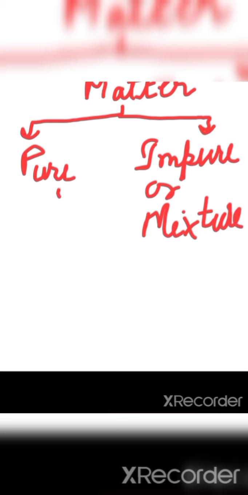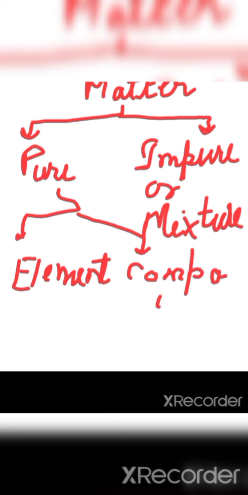Pure substances are again of two types, element and compound. Pure substances are of two types, elements and compounds.